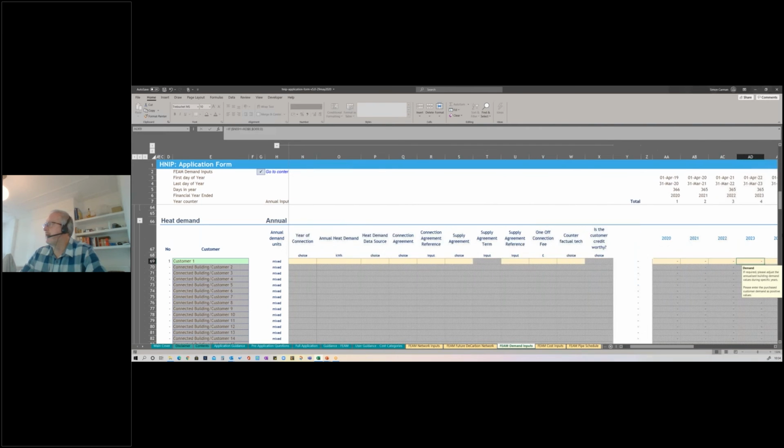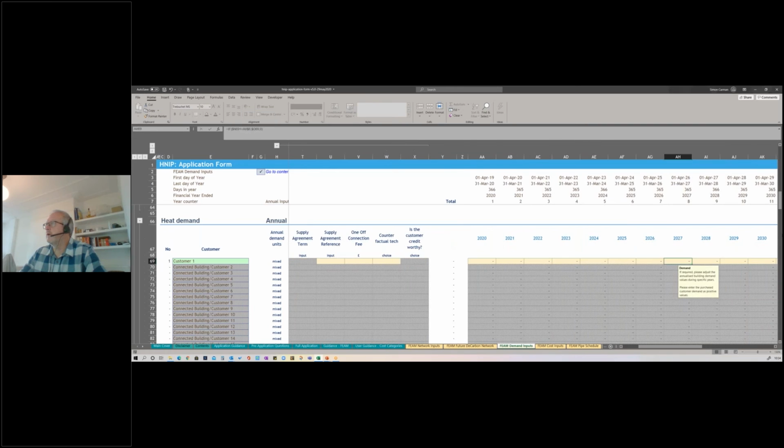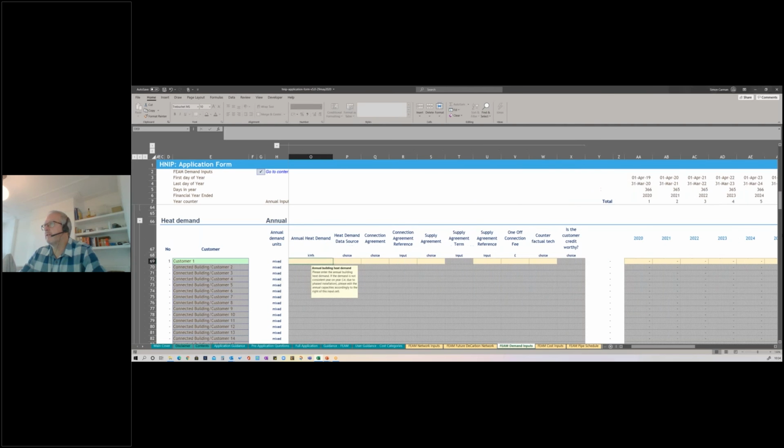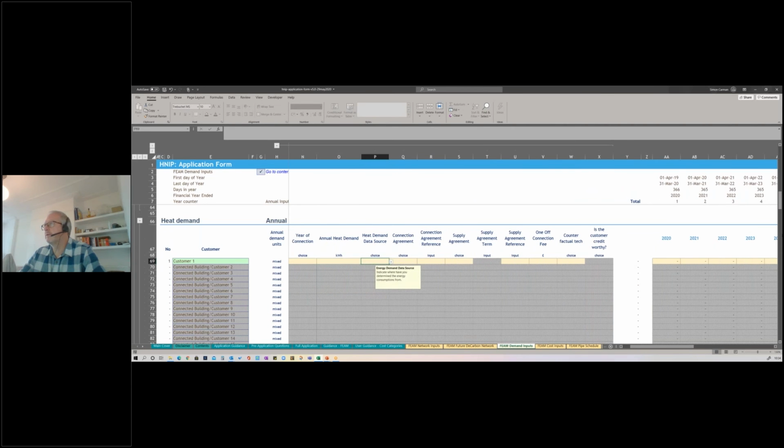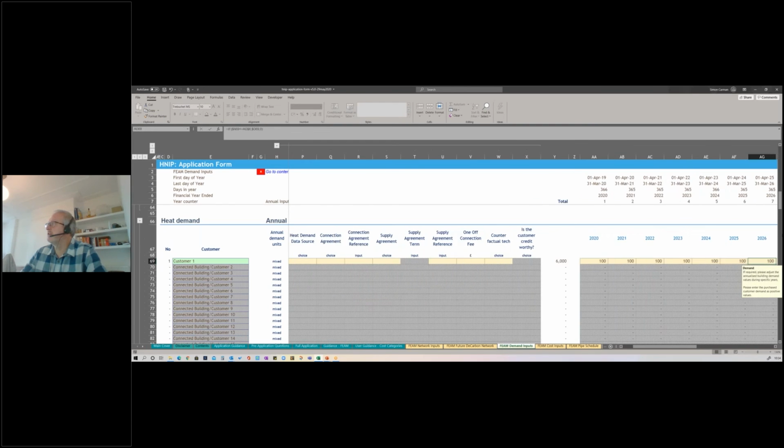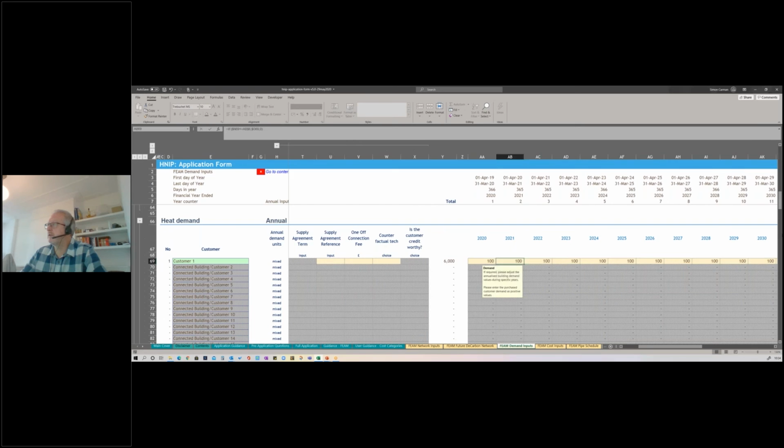And then over here, we have the profile of the demand for your customers. I think this actually, if you put annual heat demand here, it pre-populates it, so if that's right, that's right. If it's not, then you just overwrite it to give you your demand.